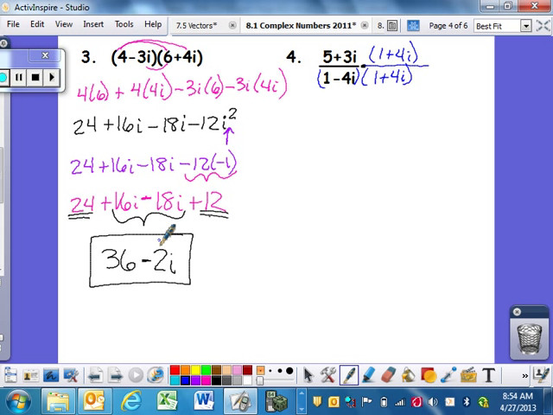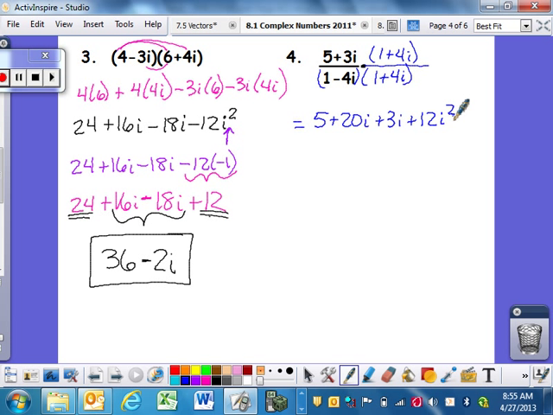So let's look at just the top. The top, if I FOIL it out, I end up having 5 times 1 is 5. And I'm not going to write out all the steps this time. The outside is 5 times 4i, plus 20i. Inside is 3 times 1, or 3i times 1, excuse me. So 3i. And last times last would be plus 12i squared.